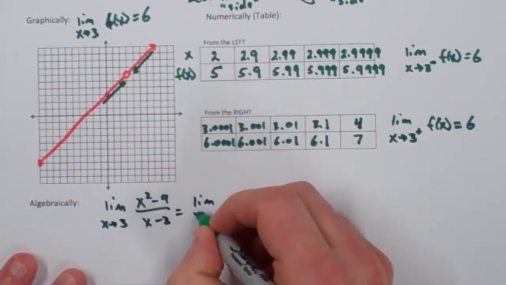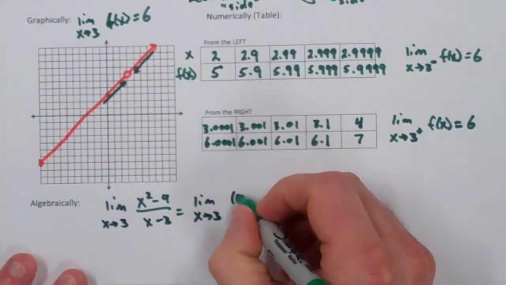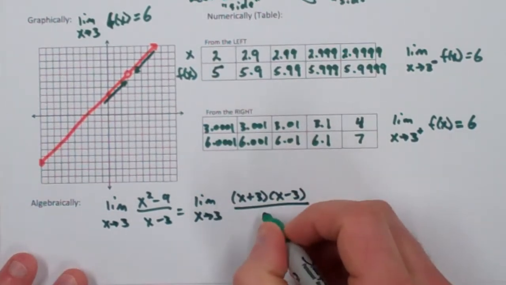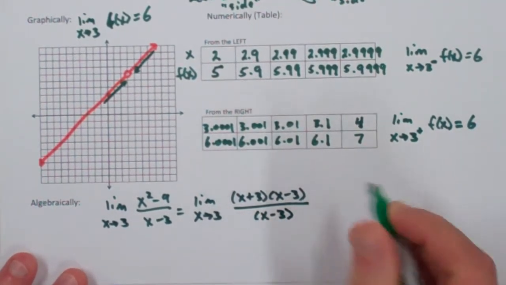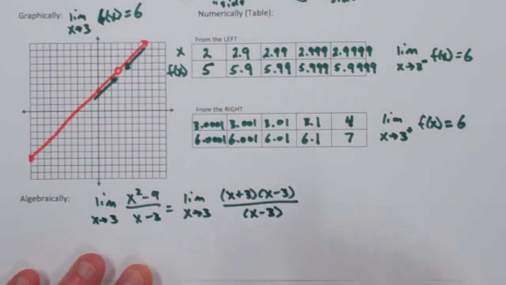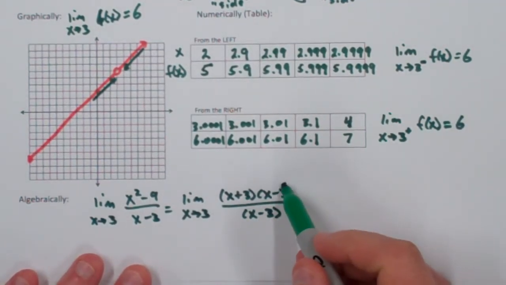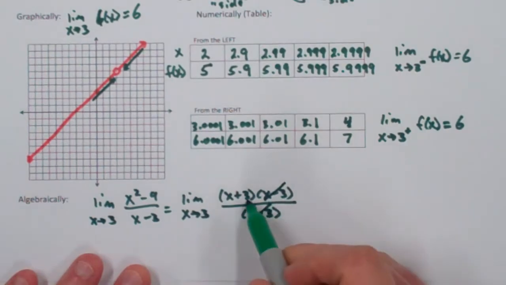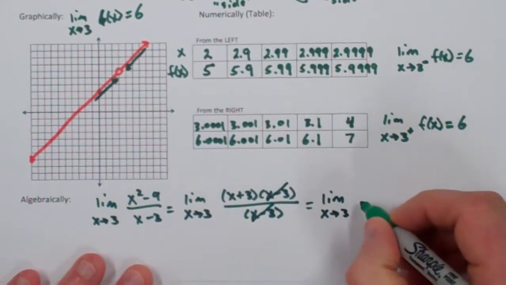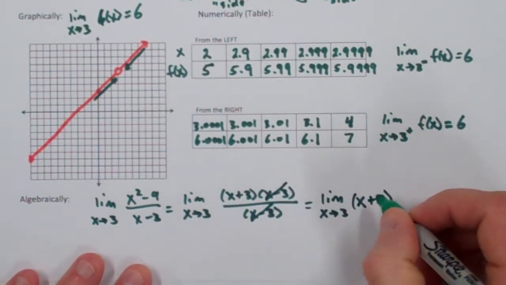And if we keep our notation going, the limit as x approaches 3 of that factored form of x plus 3, x minus 3 over x minus 3. One of the many algebraic tools that you can use with these limits is to simply try to factor everything and try to cancel. And we can cancel these out. We're left with the limit as x approaches 3 of just x plus 3.